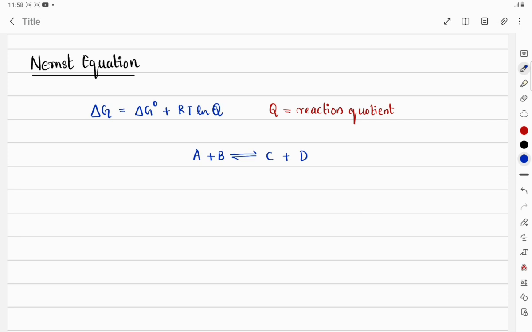So before attaining equilibrium, we can write the reaction quotient Q as the concentration of C into the concentration of D divided by the concentration of A into the concentration of B, raised to the stoichiometric coefficient if there is any. And especially note that this is before equilibrium is attained.